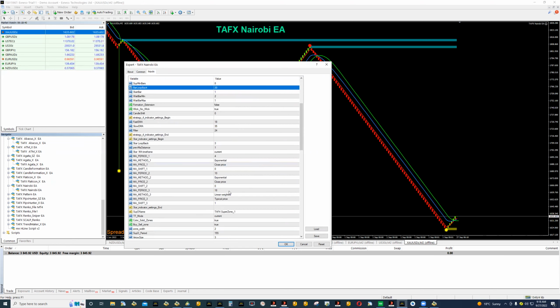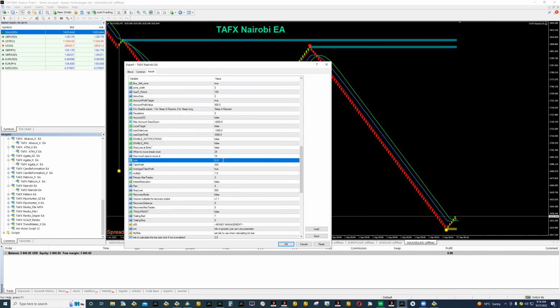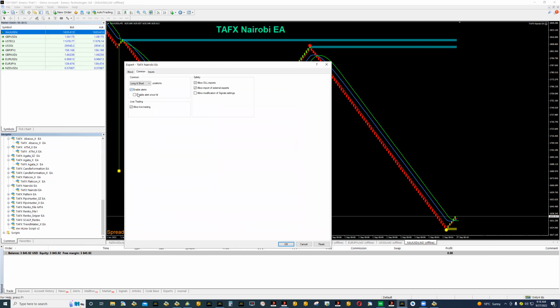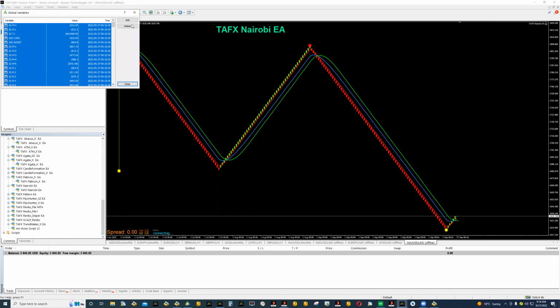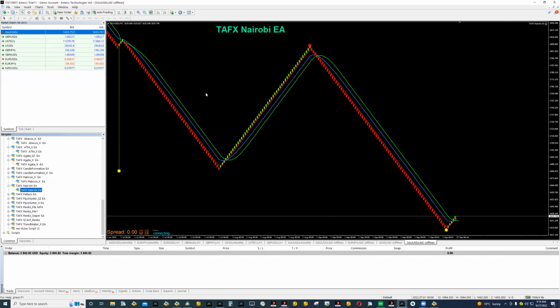Then go to the lot size, and maybe you are using 0.01. How many positions? Let's say you are taking 3 positions at once. Again, you click OK. It's very, very simple using that. What else? Go to global variables and delete the global variables there. Again, give the EA some seconds to load.